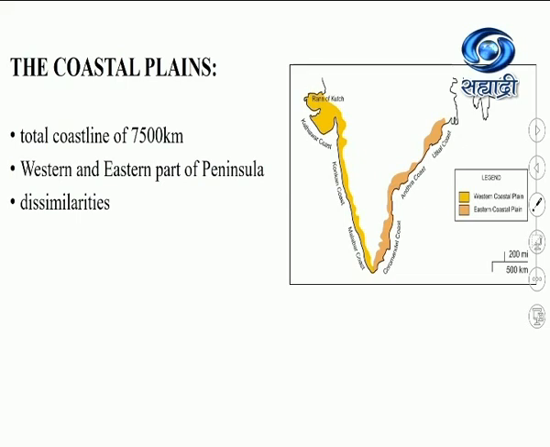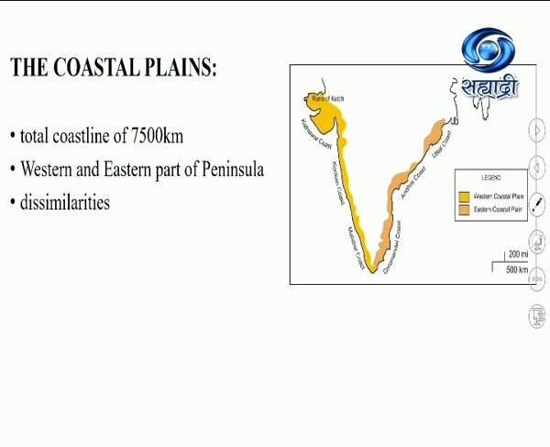This coastline is up to 7,500 kilometers. So such a huge coastline is present around the Indian subcontinent. Now these coastal plains are accordingly called the Western Coastal Plains and the Eastern Coastal Plains.